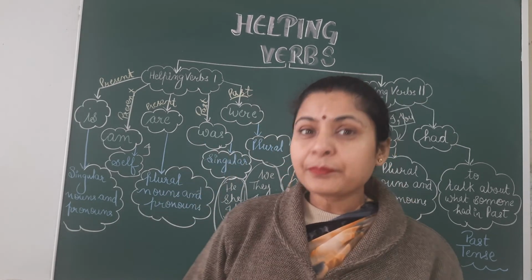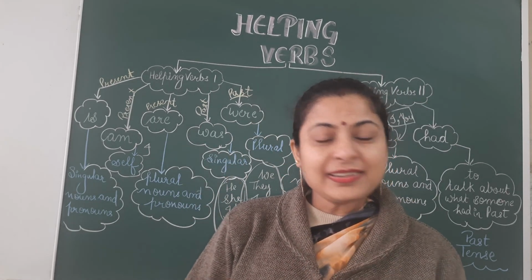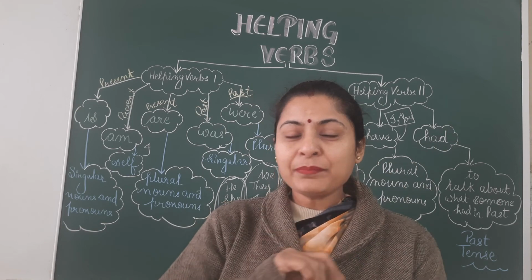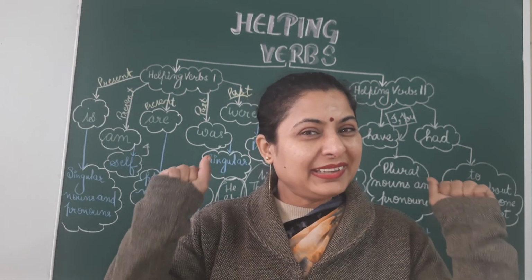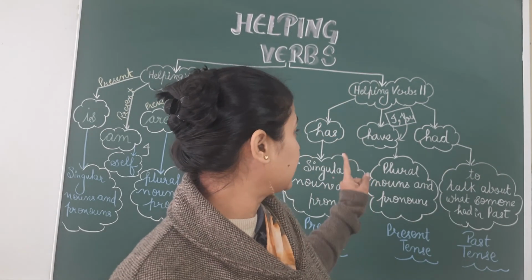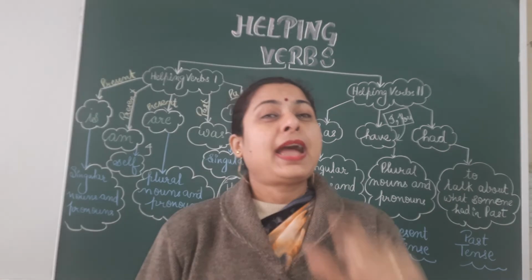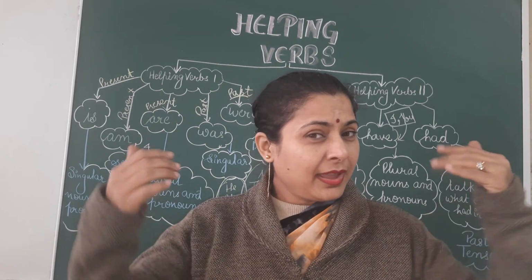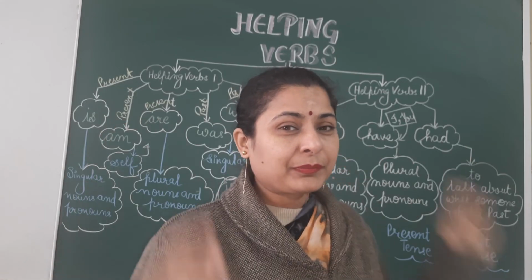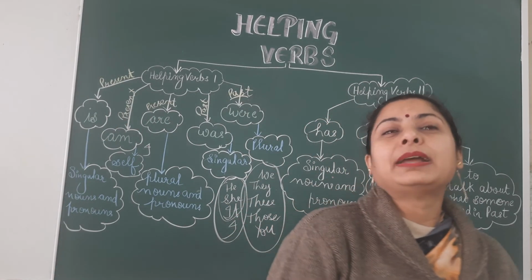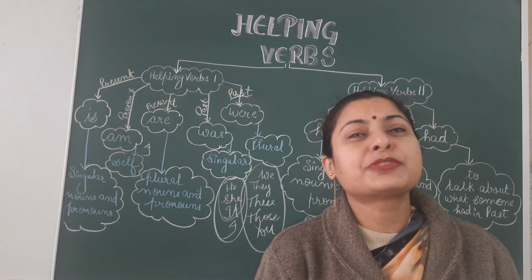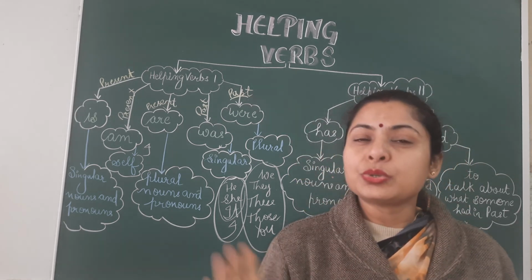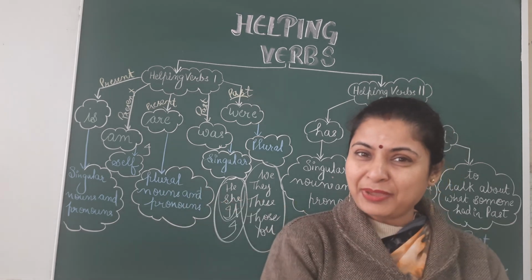Is one, I am, are many. Now let us revise the poem for has have had. Has one, have many, had gone. So I am very sure by learning these two poems, it will be super easy for you to learn the usage of helping verbs.